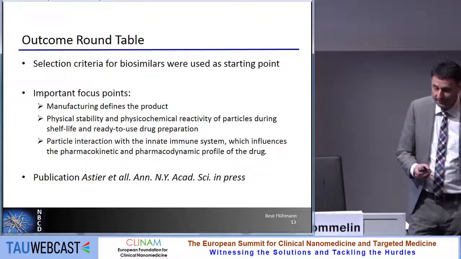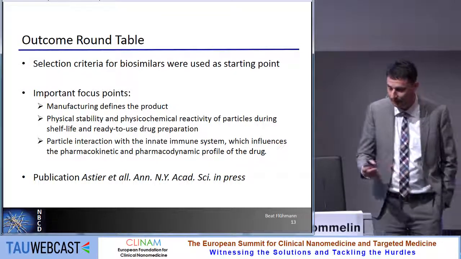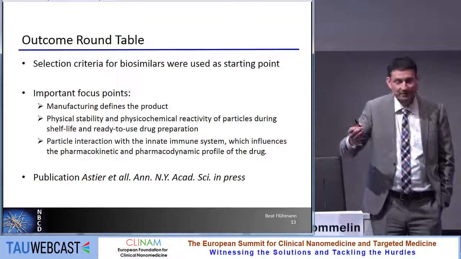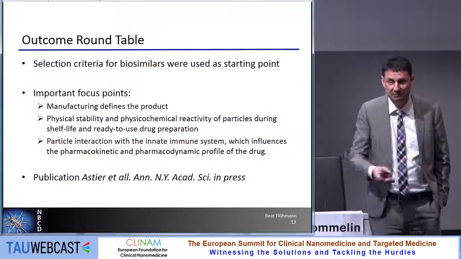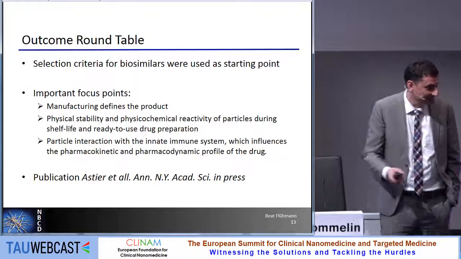Then the particle interaction with the innate immune system, which influences the pharmacokinetic and pharmacodynamic profile of the drug, because many of the pharmacists just said it's not a protein, so immunology is not an issue. So we first had to educate them on this point.